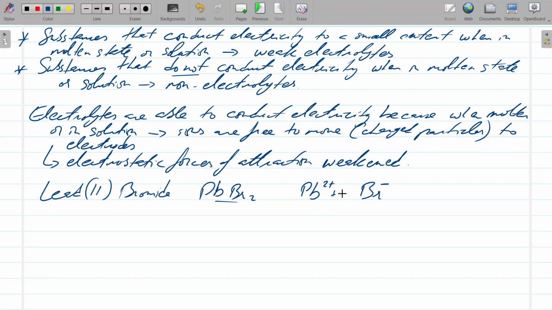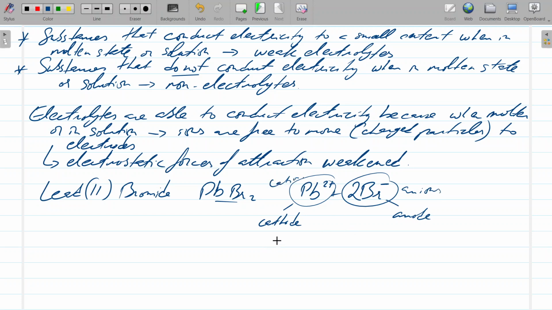And if you want to balance that, that's how it looks like. So you've got one atom of lead combining with two atoms of bromine. And so these ions are separated. And because these are positive, they're going to move to the cathode. And these are negative, so they're going to move to the anode. And so these are anions and these are cations.